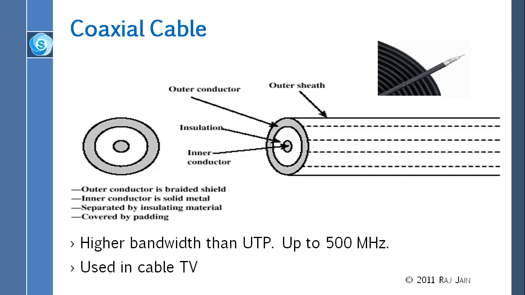So this one is very well protected in the sense that it doesn't radiate like the Ethernet cable, and it has very high frequency capability, so you can send a lot of data. If you really want to send very high speed signals, that's why we use it for video. Video requires a lot more capability than the other things. So it can go up to 500 megahertz, and it is used in cable TV.